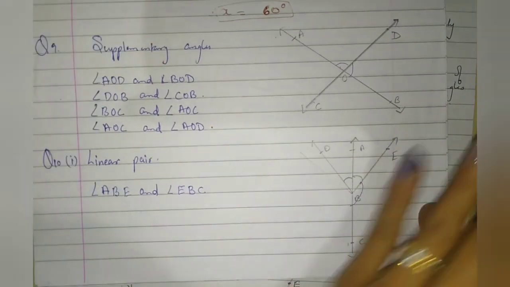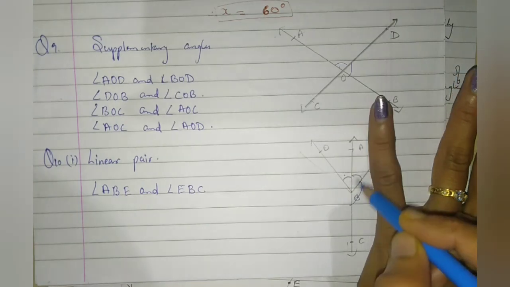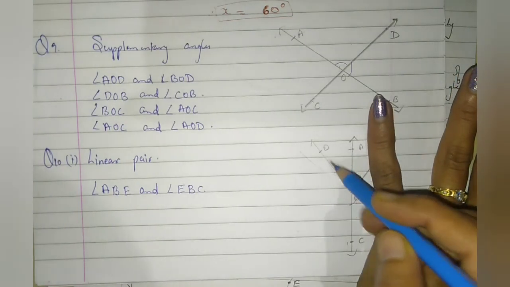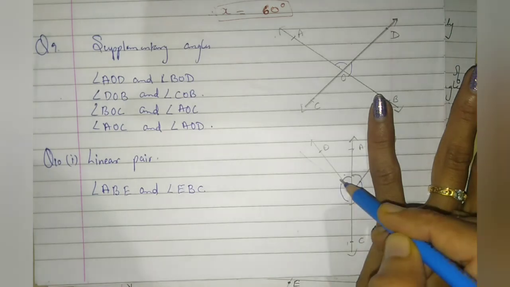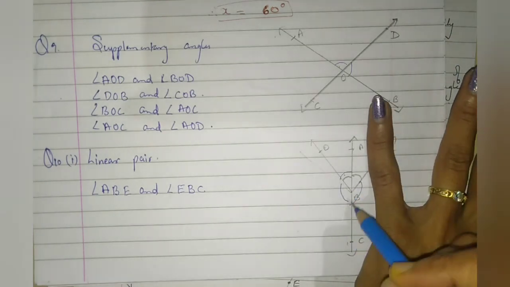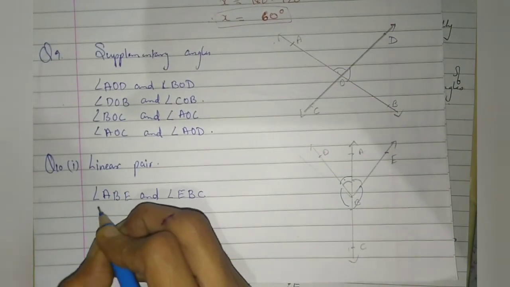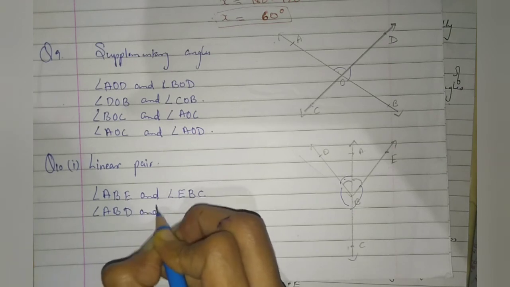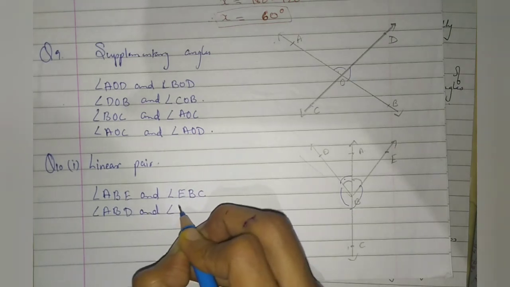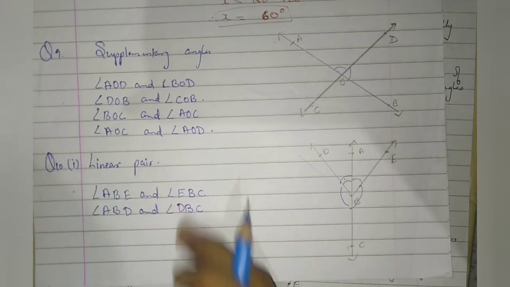Now same as before, forget this one and see angle ABD and angle DBC, these two angles. This is also a linear pair. So two pairs form.